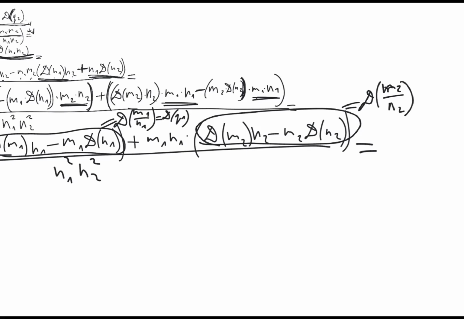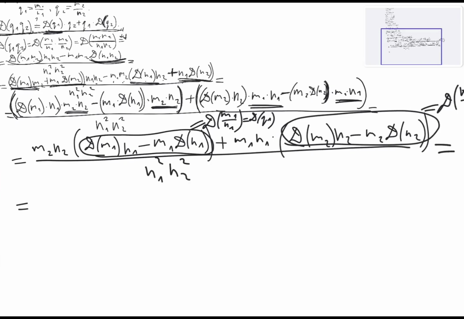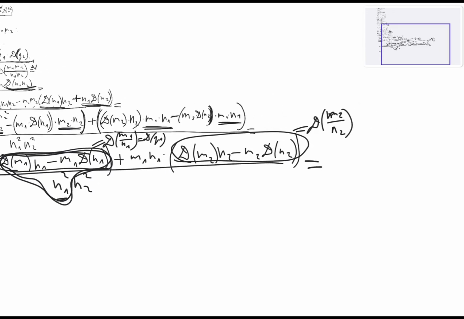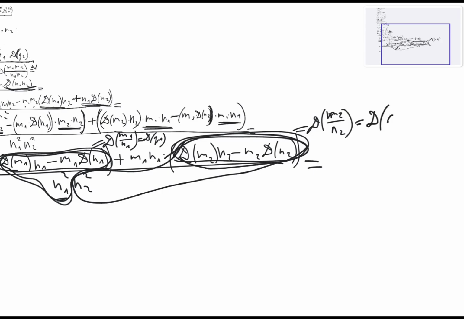Oh no, not this, excuse me, we need also to divide by n1 squared, so not just the numerator, but the numerator with one of the multipliers in the denominator, and here over n2 squared, so this would be equal to this, which is d of q2.